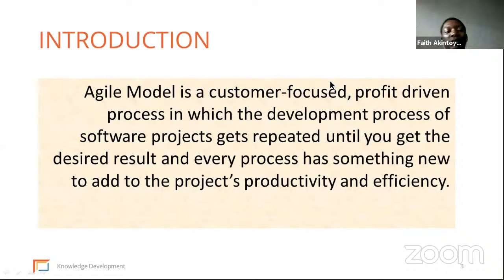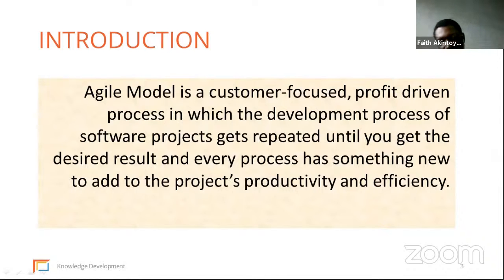Every time the development process is run over again, something new is being added. So in essence, the agile model comprises both the iterative model and the incremental model of the software development lifecycle. That's just a quick introduction as to what the agile model entails.